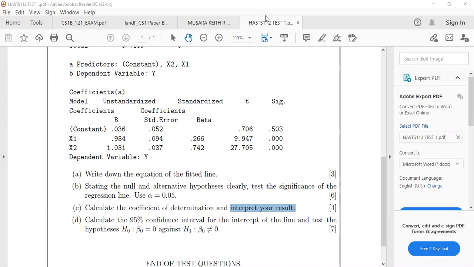I said 99.5% is accounted by the regression model, right? Which explains the variability from the independent variables, that is x1 and x2.